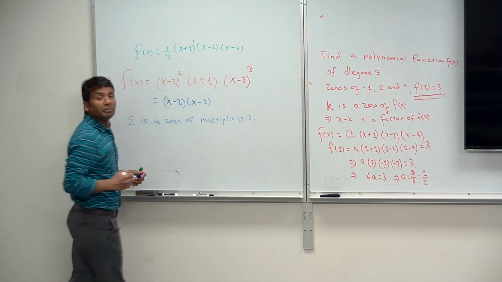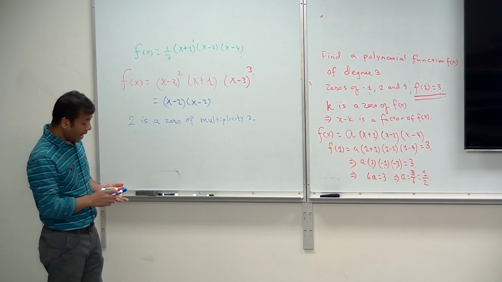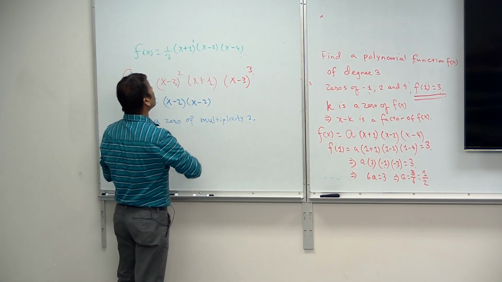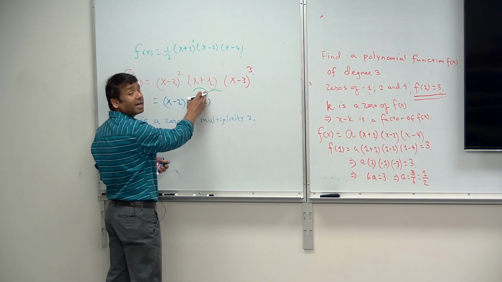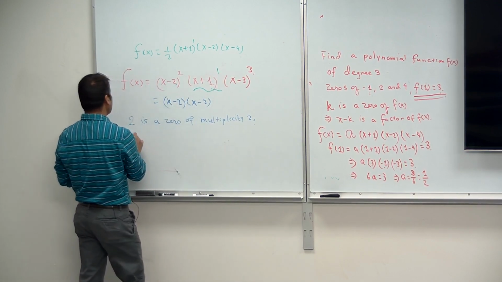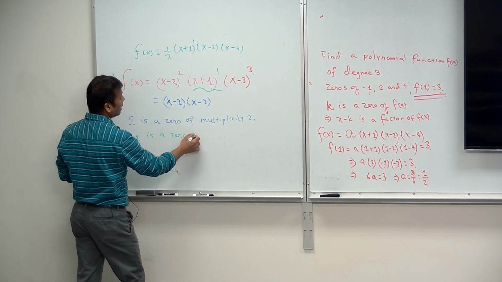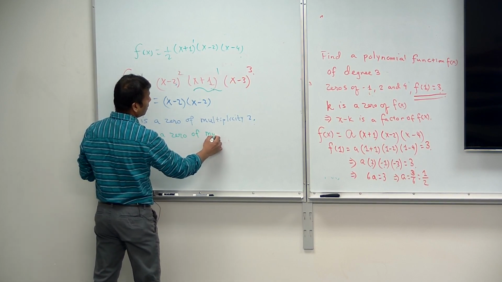Multiplicity 2. Did you get it? Now you know negative 1 is a 0, right? But how many times does negative 1 occur? Once. So negative 1 is a 0 of multiplicity 1.